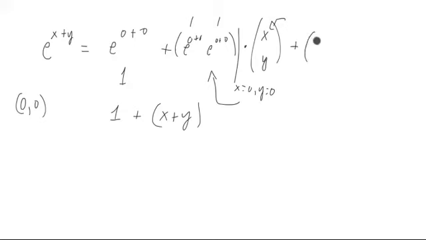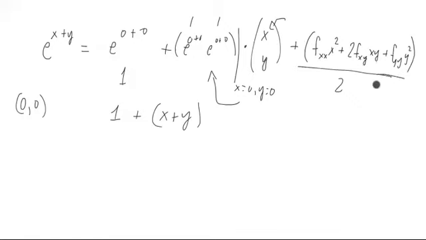It was along the lines of f_xx x squared plus 2 f_xy xy plus f_yy y squared, all over 2. That would be what the second degree term ended up being.